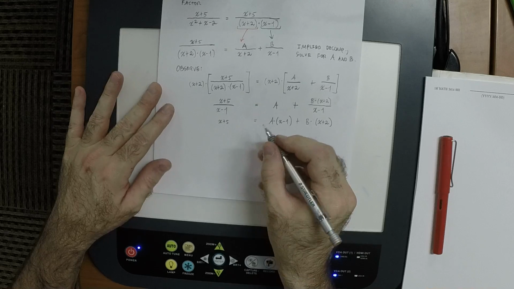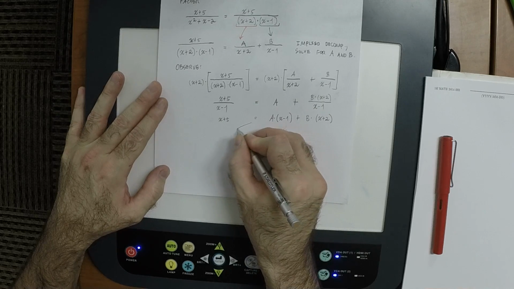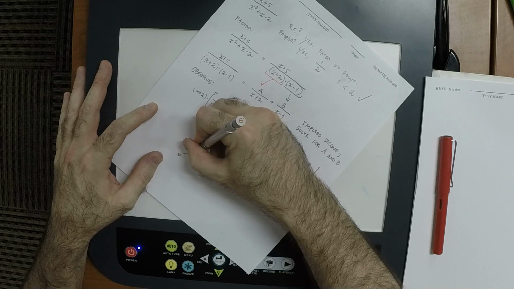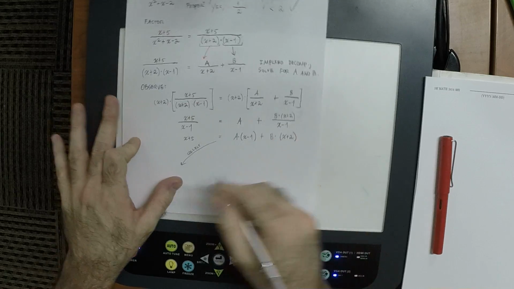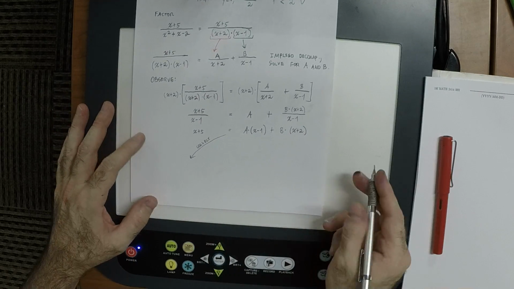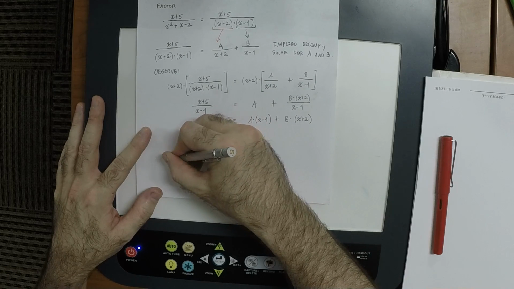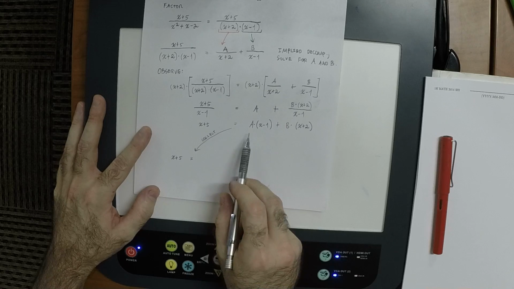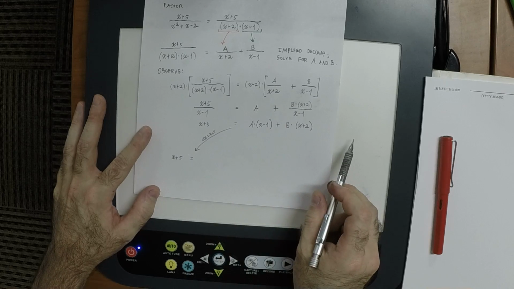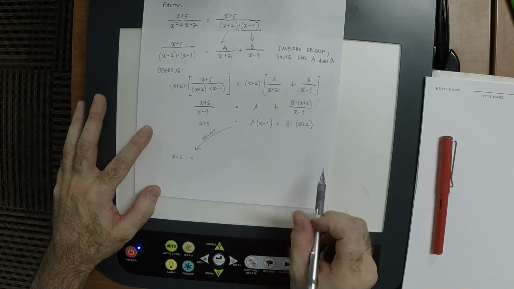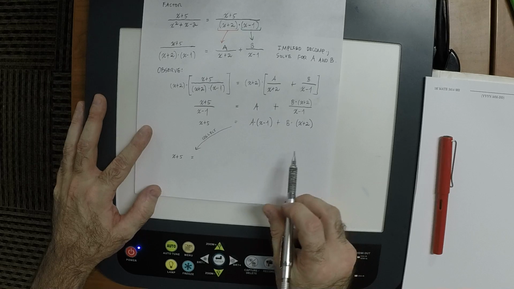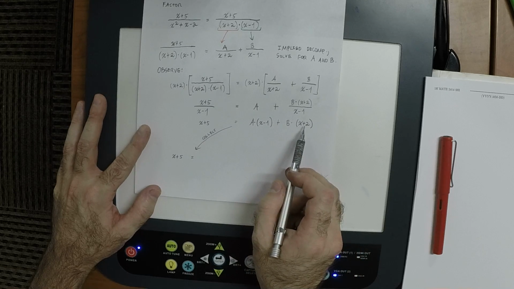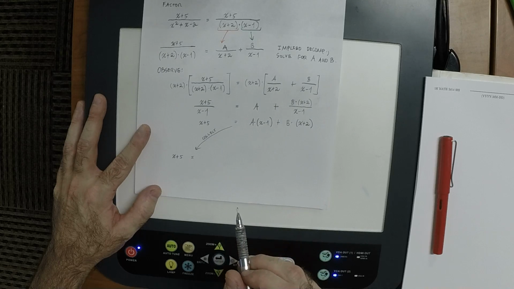All right, so one way to proceed from here is to collect on the right-hand side. Notice that the left-hand side is already simple, but if we were to multiply out and collect the right-hand side, what would be the coefficient on the x's? So we'd have ax plus bx. So how much x?